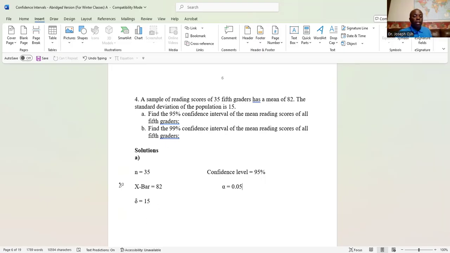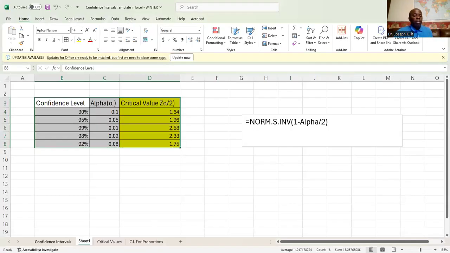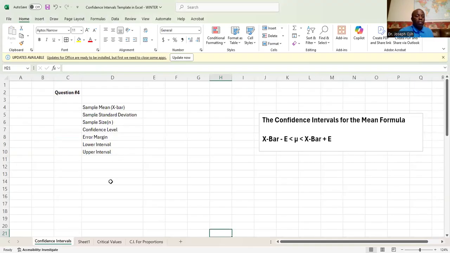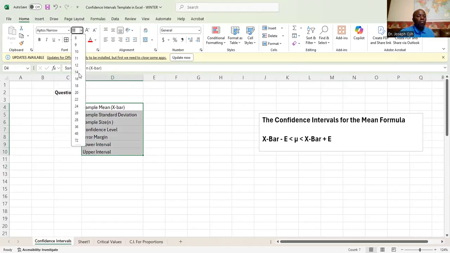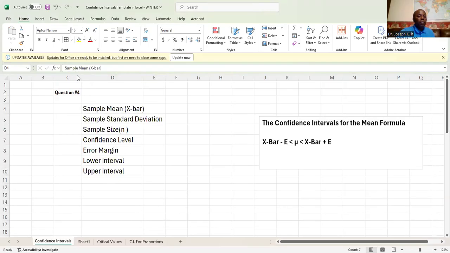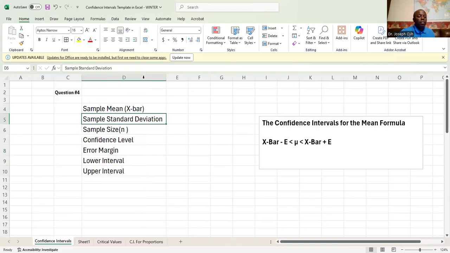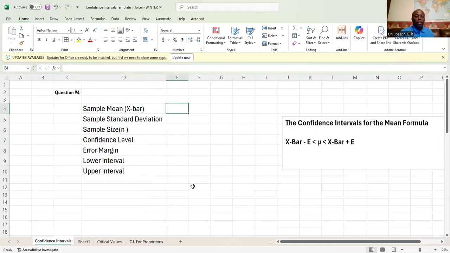We come to Excel right here. Sample mean is 82.